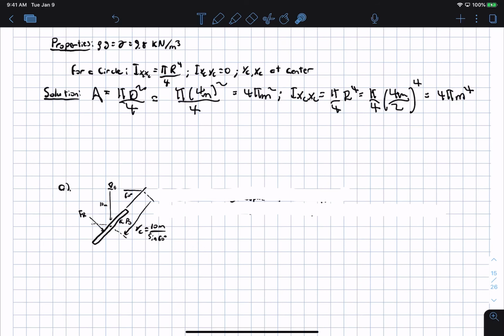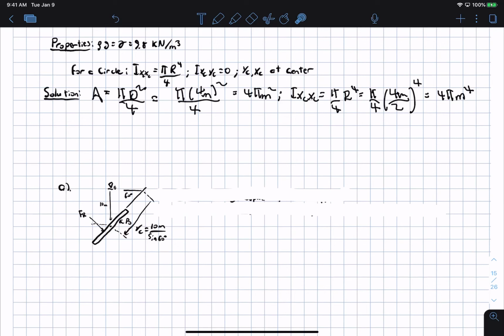Okay, and the reason that we can assume, and technically there will be a very slight increase, a higher air pressure on the bottom of the gate than there is on the top. But the specific weight of air is about 1,000 times less than it is of water. And so the change of pressure here is infinitesimally small compared to that of water.